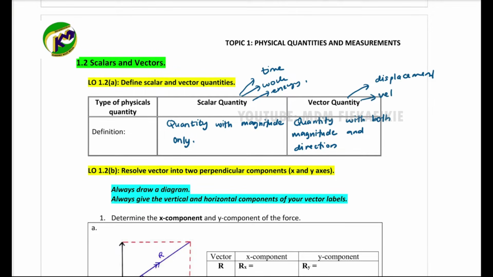Sama juga dengan velocity. What is the magnitude and what is the direction? Kalau kita kata V is equal to negative 20 meter per second, means that magnitude-nya adalah 20 meter per second and the direction is to the left. Macam tu. Okay?